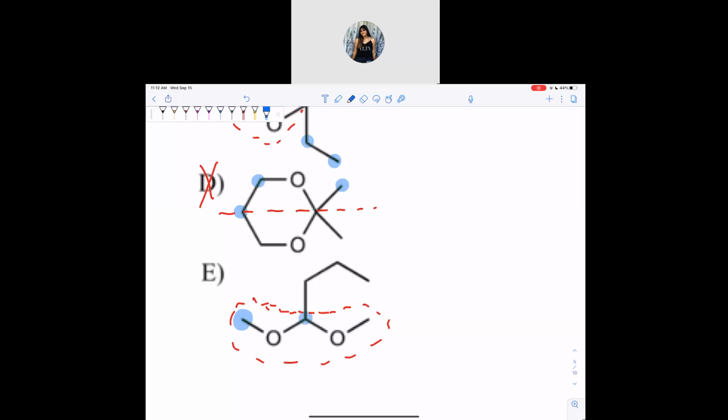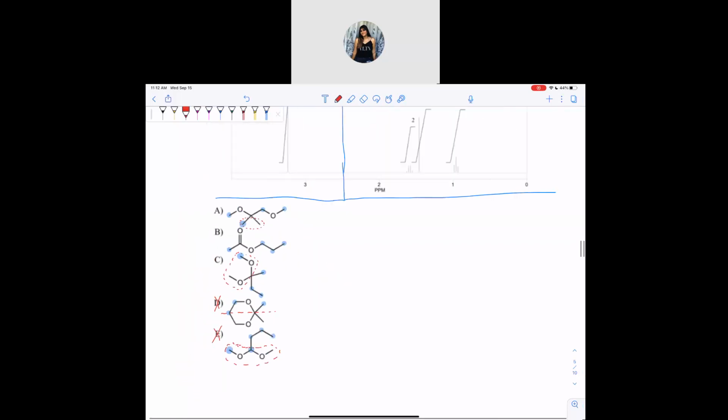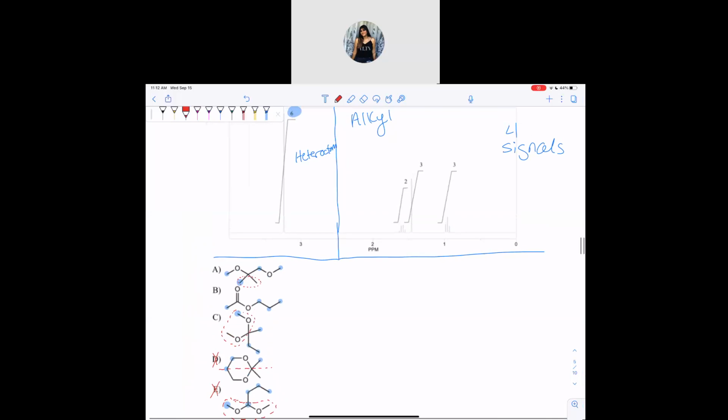We have 1 hydrogen here, 2, 3, 4. So altogether, we have 5 signals. So that's too many signals. We get rid of this one. So just by number of signals, we've gotten rid of 2 answer choices. And now we're down to A, B, and C.